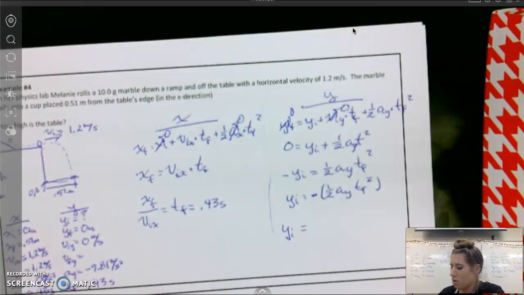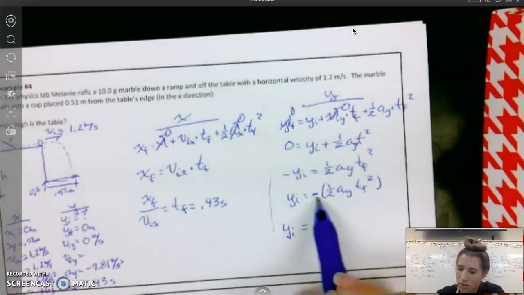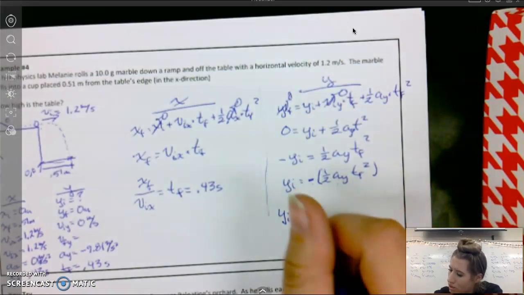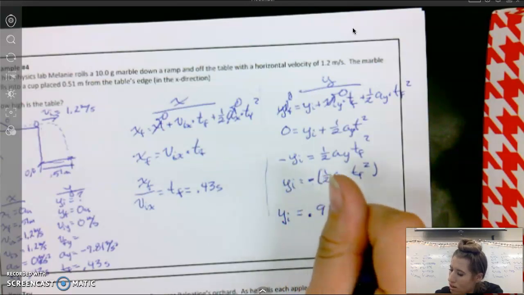So I'll have 0.5 times -9.81 times 0.43 squared. It was a negative 0.906. But that's what's inside, and so then we have the negative, so the two negatives cancel. I'm working with 2 sig figs, so 0.91 meters.